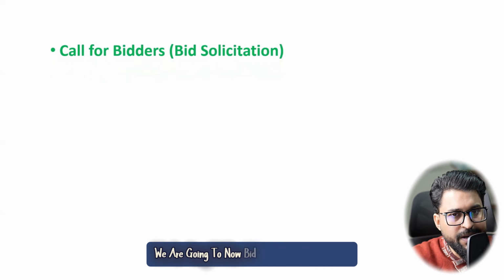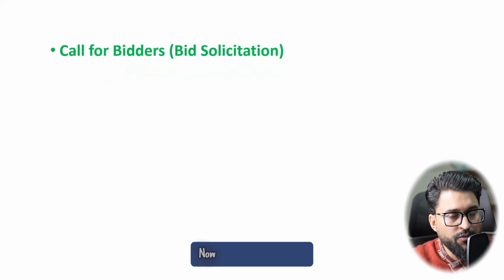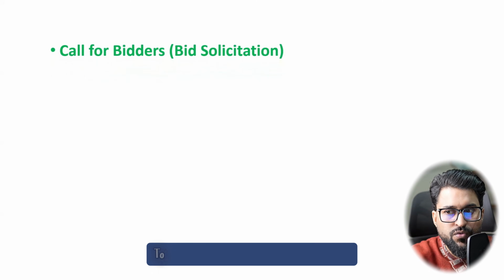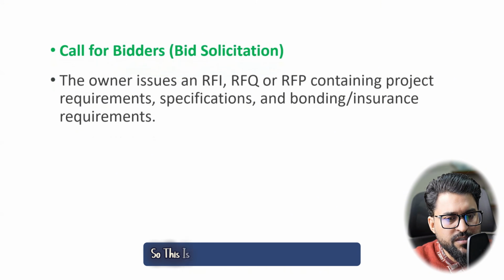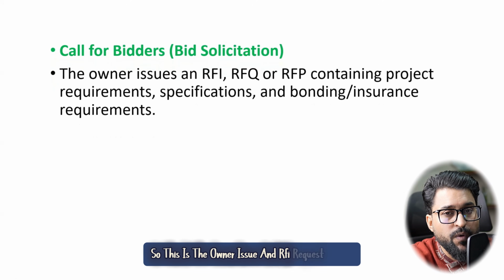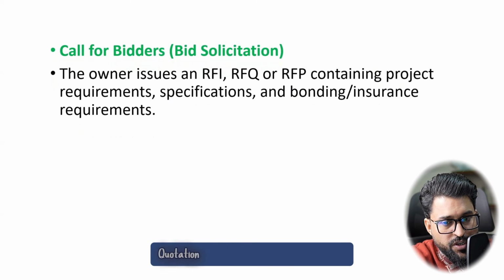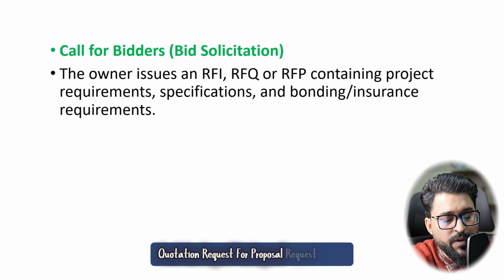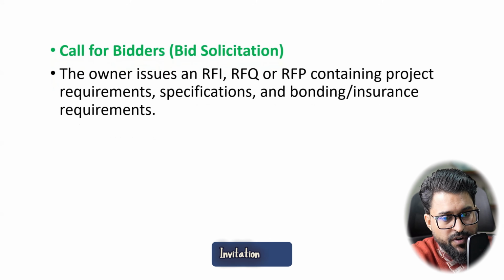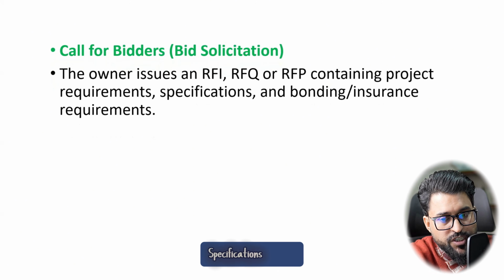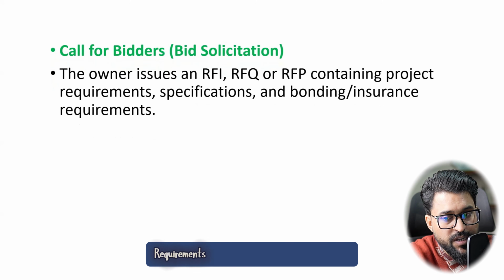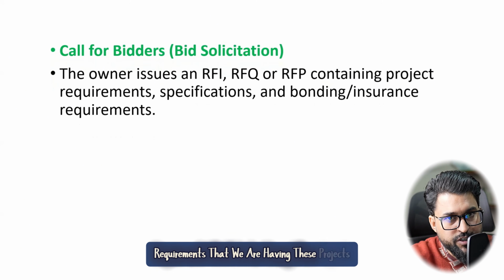Now the bid is ready on the table. Now we are at the stage to invite all those contractors from the market. So the owner issues an RFI, request for quotation, request for proposal, or request for invitation, right? That will contain project requirements, specifications, bonding, and insurance requirements for these projects.